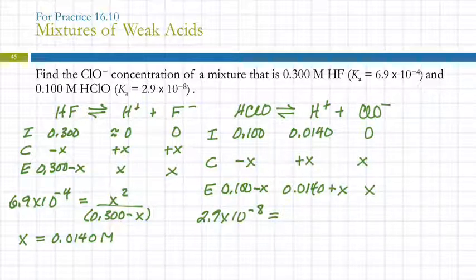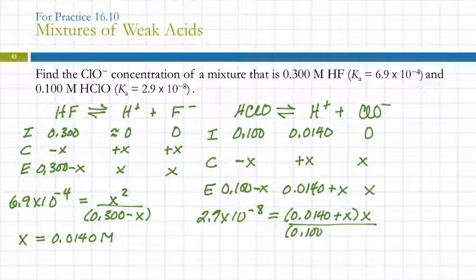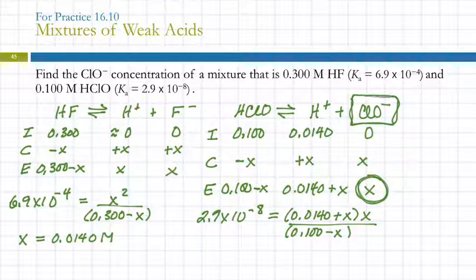And so that's equal to 0.0140 plus X times X divided by 0.100 minus X. This X here, what does that X represent? That's the equilibrium concentration of the hypochlorite ion, which is what we're trying to find.